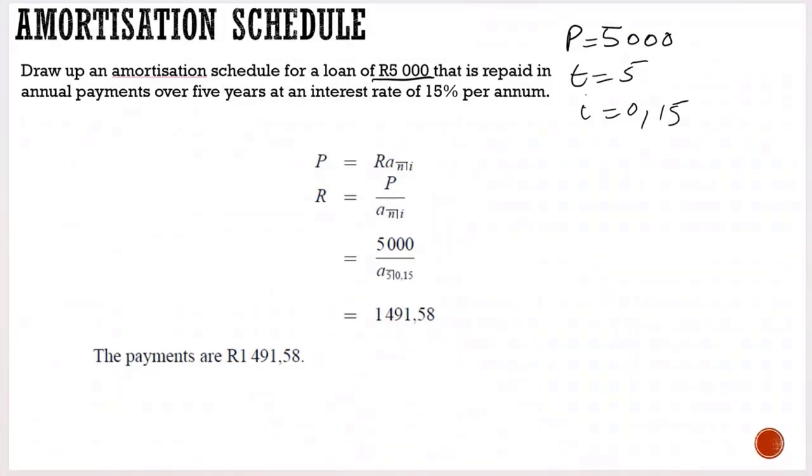So you can use the formula. You're looking for your R, the payment.